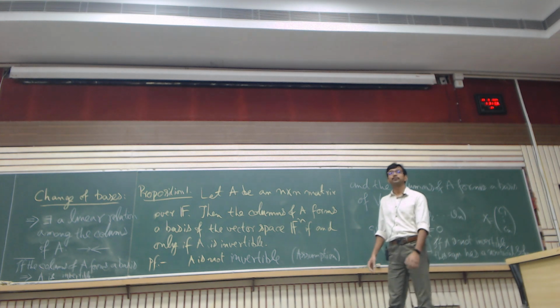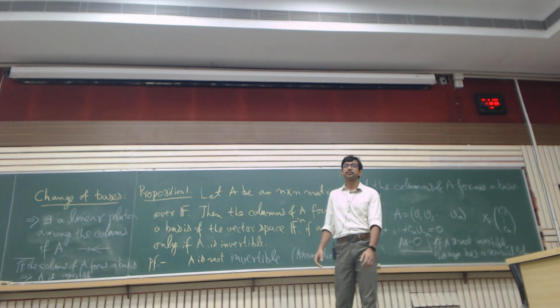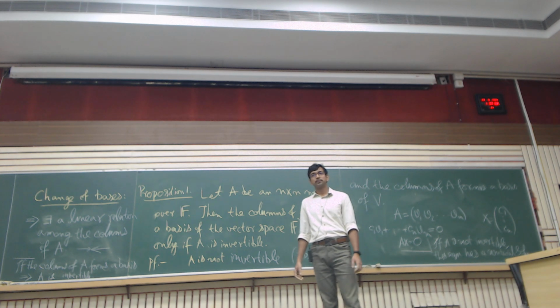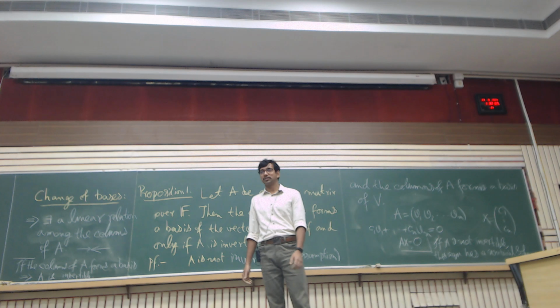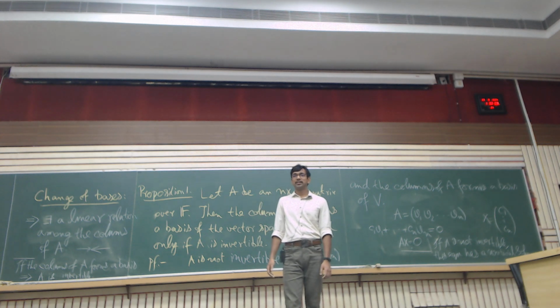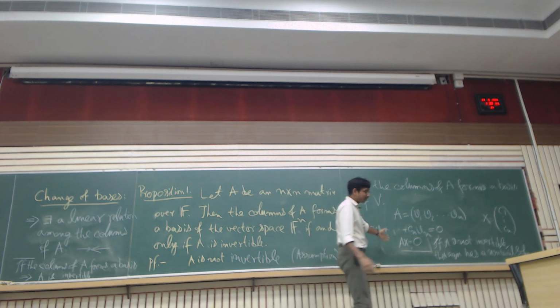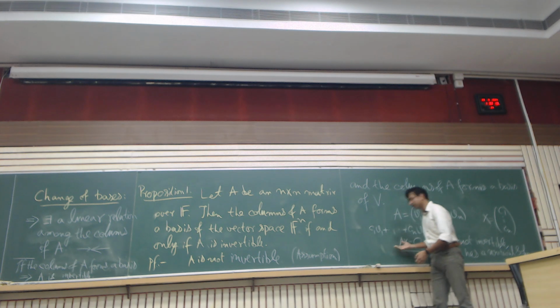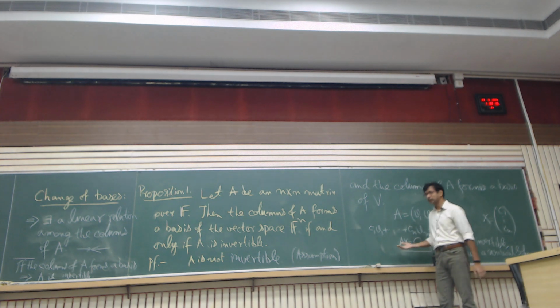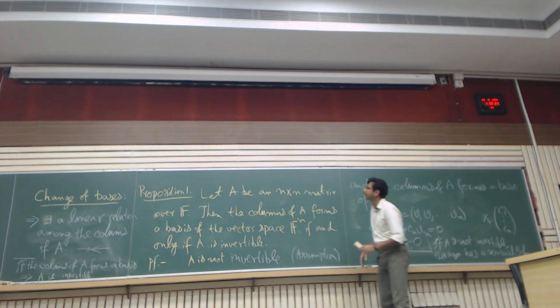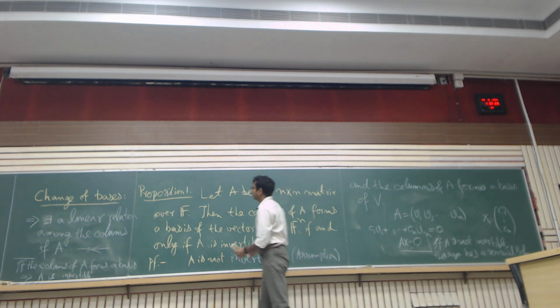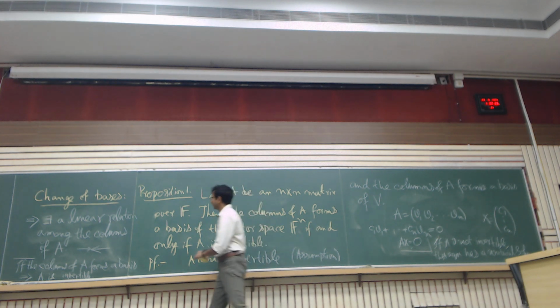Yes, this works. But multiplying with A inverse is actually the same logic that Punnabrata gave. That is, since it is invertible, the only solution is x equal to 0. So now we talk about the change of basis at last.